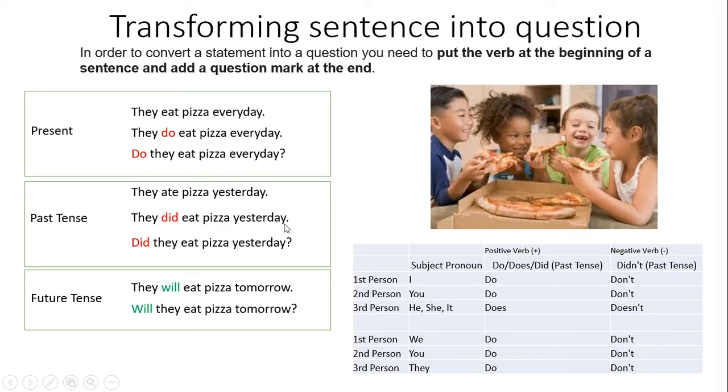You will use the word did instead of do because this is past tense, and change the word ate to eat, because there should be only one past tense on these two verb words that we have in a sentence. They did eat pizza yesterday. To transform this into a question, just exchange these two words. Did they eat pizza yesterday?